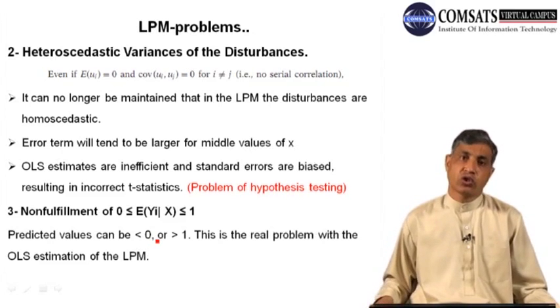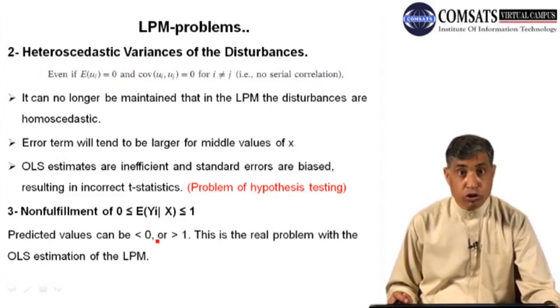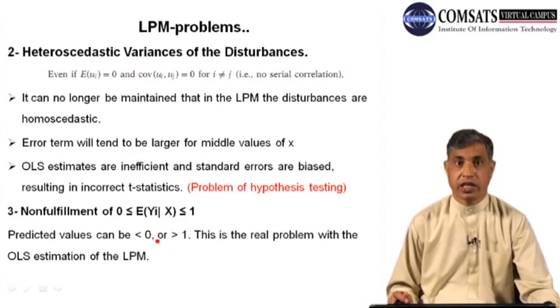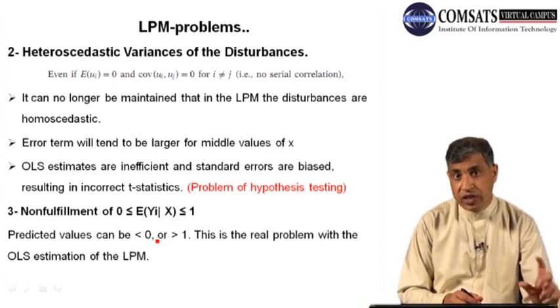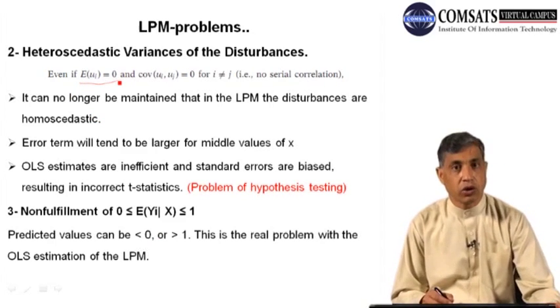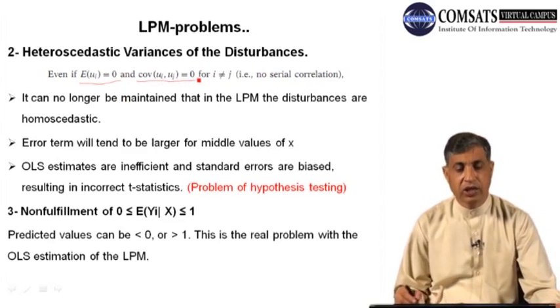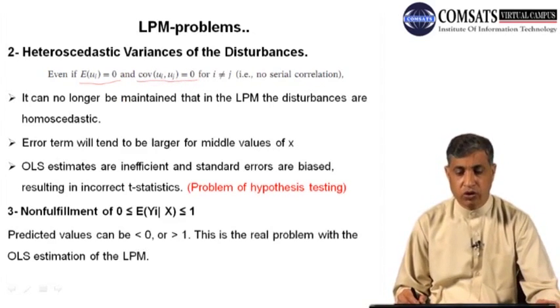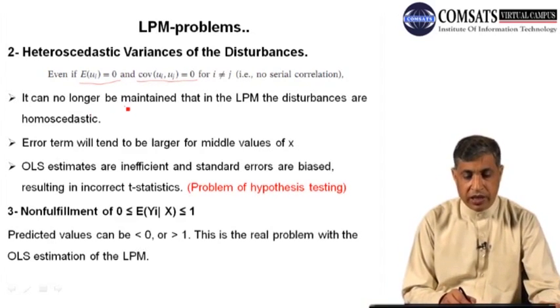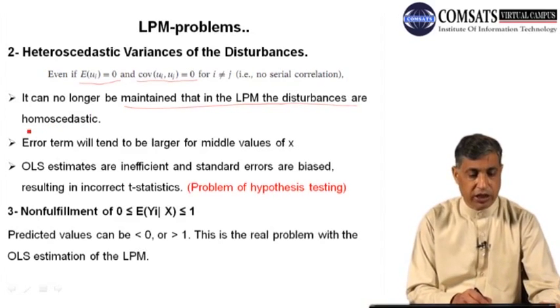I will only say that the variance of the error term is not homoscedastic, it has become heteroscedastic. Even if the expected value of ui is equal to 0, and we assume the covariance between ui and uj is equal to 0, meaning there is no serial autocorrelation, we still can't maintain that the LPM disturbances are homoscedastic.